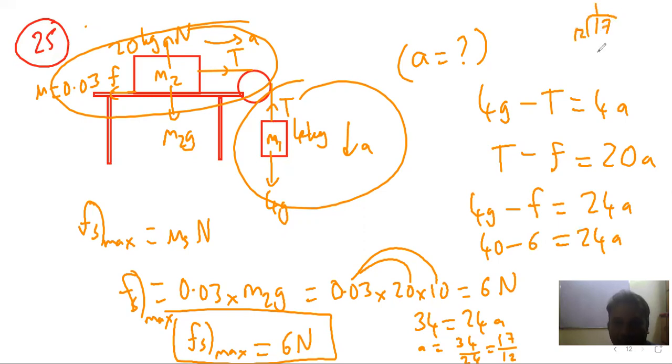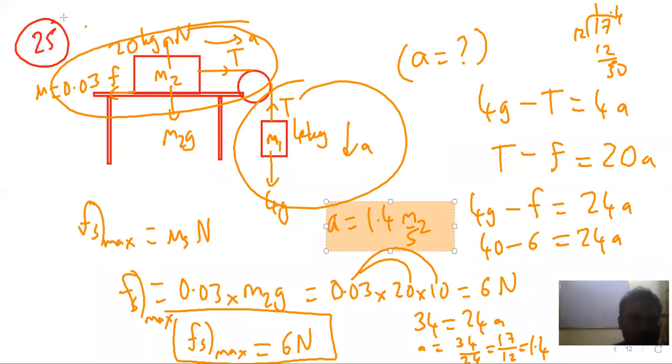Now 17 upon 12 is approximately 1.4. So the acceleration comes out to be 1.4. So we can say the correct answer is option C, which is 1.4 meter per second square. So the 25th question's correct option is option C as shown.